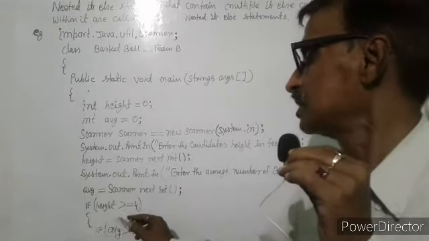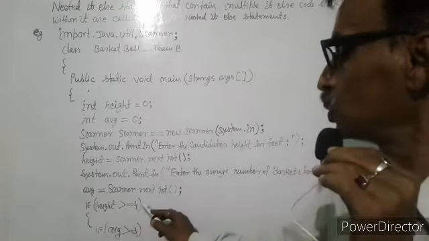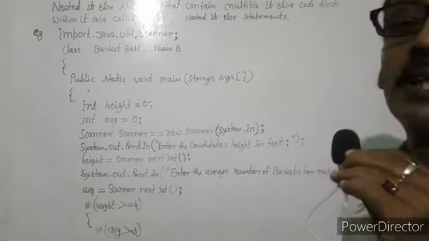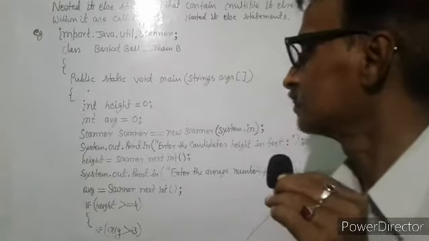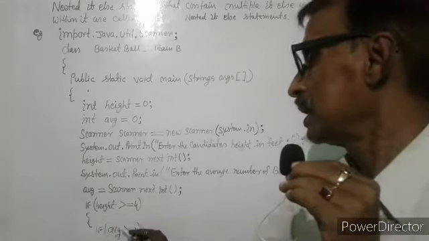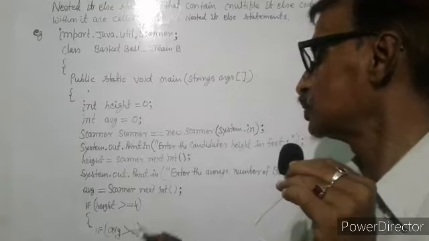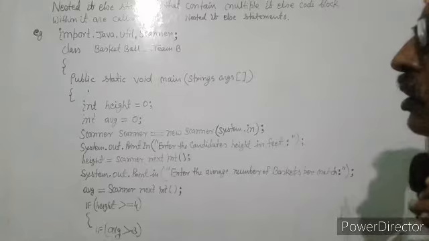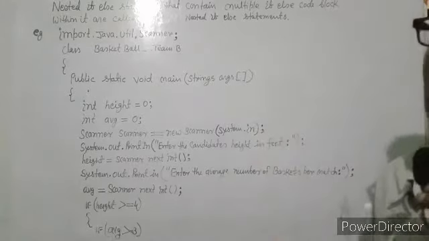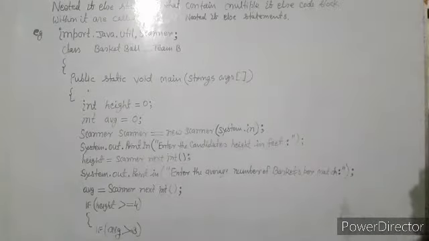If height >= 4, parenthesis close. This is the first condition. Braces begin, if avg >= 3. So now you should copy these things from the board.